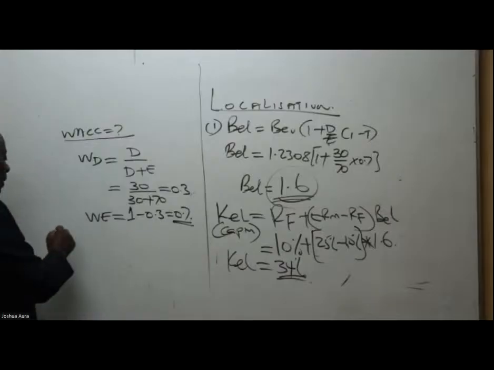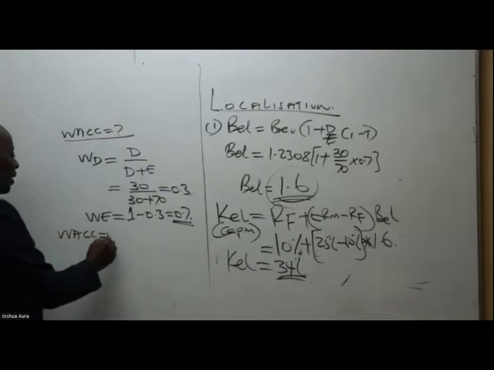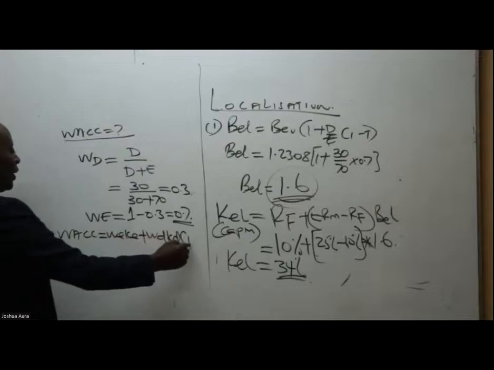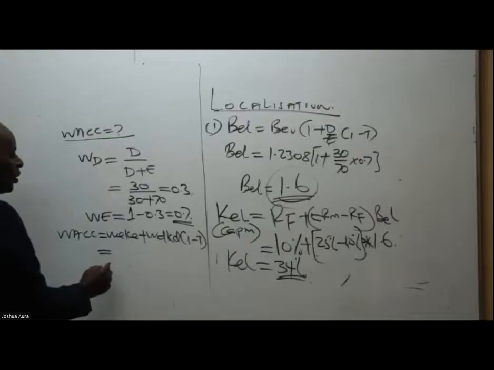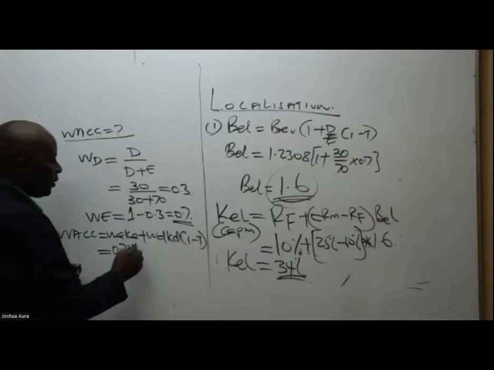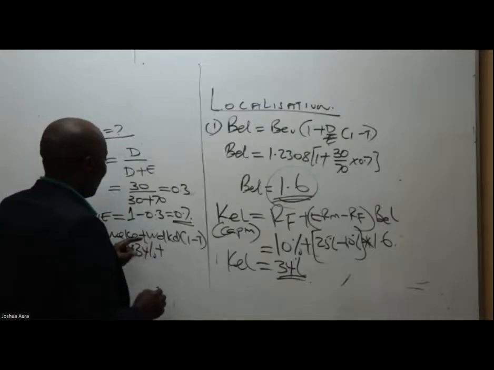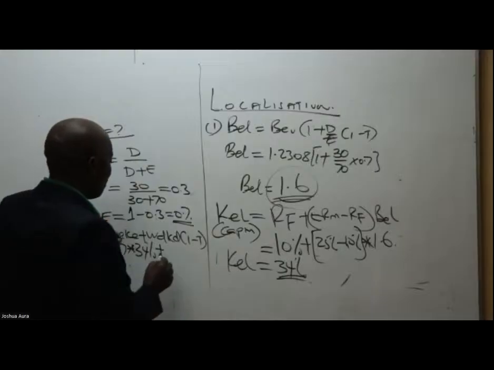So the WACC will be weight of equity times cost of equity, plus weight of debt times cost of debt times 1 minus tax. Weight of equity is 0.7. The cost of equity we already have as 34%, plus weight of debt, which you have given me as 0.3.